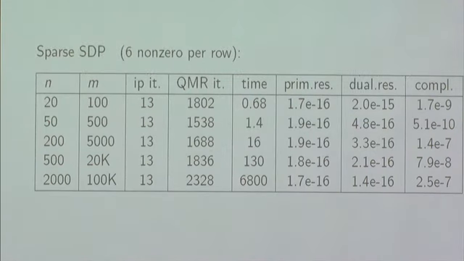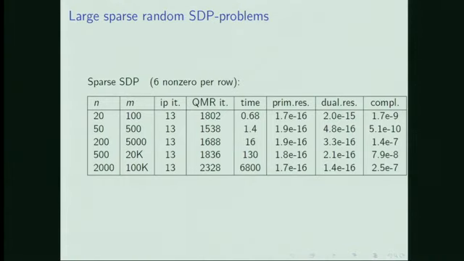The good example was that we generated very sparse semi-definite programs, 6 non-zeros per row in the matrix A, with dimensions from 20 to 2000, and the number of constraints from 100 to 100,000. We only had 10% accuracy for each search direction, but nevertheless, by doing suitable step length control, the final accuracy was somewhere in the order of 10 to the minus 7.